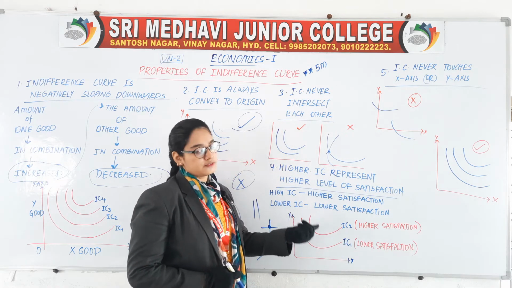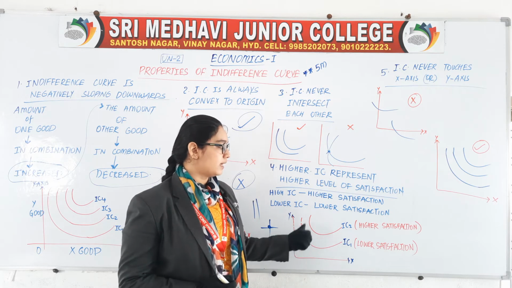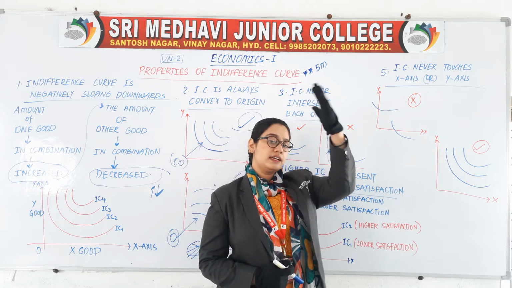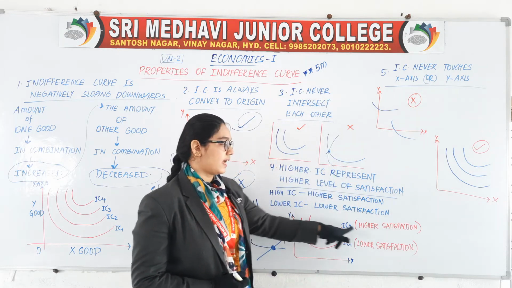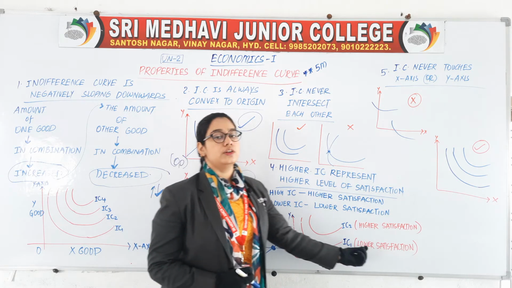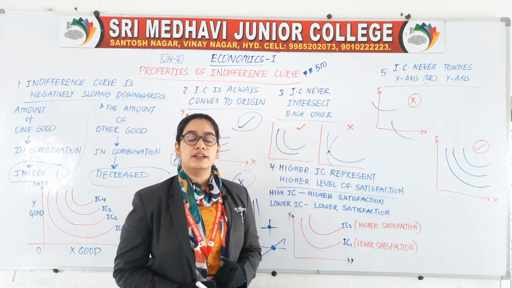Here you have two curves, IC1 and IC2. IC1 is indifference curve 1, IC2 is indifference curve 2. The higher the indifference curve, the higher the satisfaction. The lower the indifference curve, the lower the satisfaction. This is the fourth property of the indifference curve.